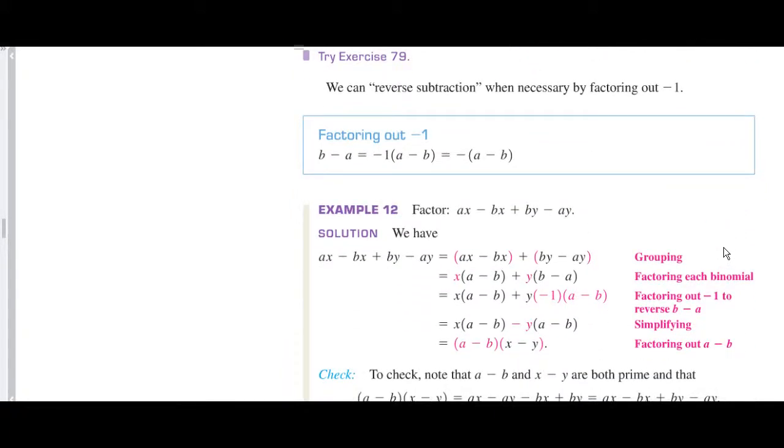Now here they're going to show us that we can sometimes change the signs of something by factoring out a negative 1. So by factoring a negative 1 out of here and using the commutative principle, I get a negative 1 times a minus b, or just a plain negative a minus b.